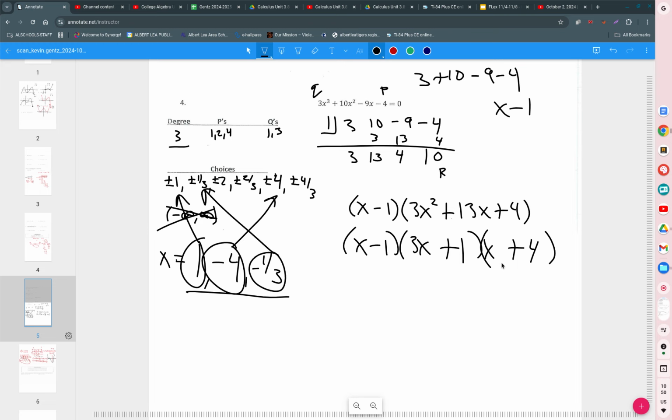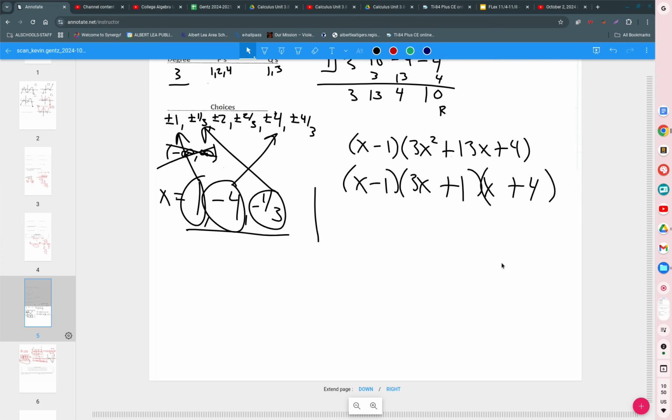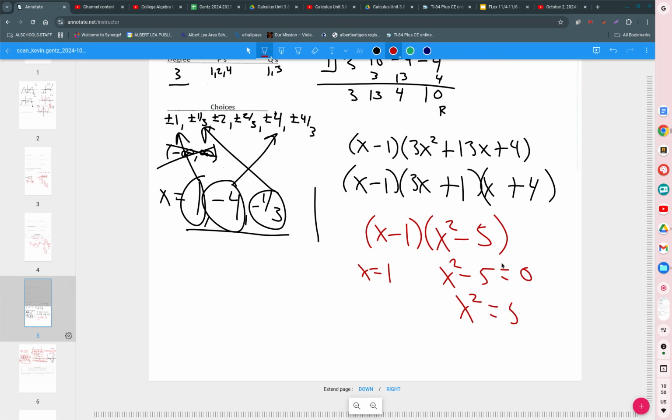The last thing I'm going to say is this. Suppose that it didn't factor to what we had right there. Suppose it looked like this: x minus 1 times x squared minus 5. Well, that solution is 1, but this solution would be plus or minus the root of 5.